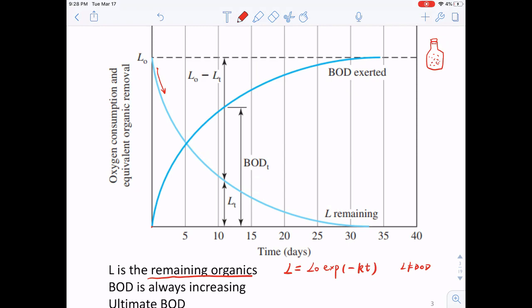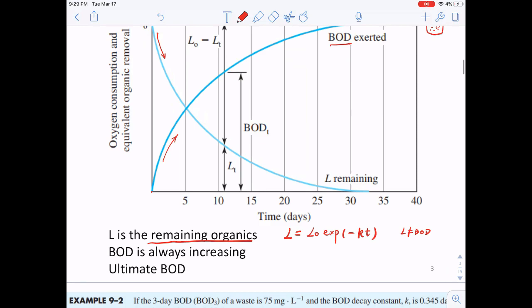At the beginning the oxygen demand is 0 because no oxygen has been consumed, while at the end the BOD is the highest because almost all of the oxygen in the water has been consumed. So the BOD follows a curve that is reciprocal to the remaining organics, and there is a clear difference between the two.